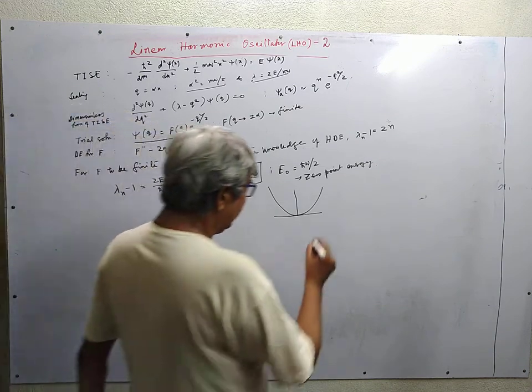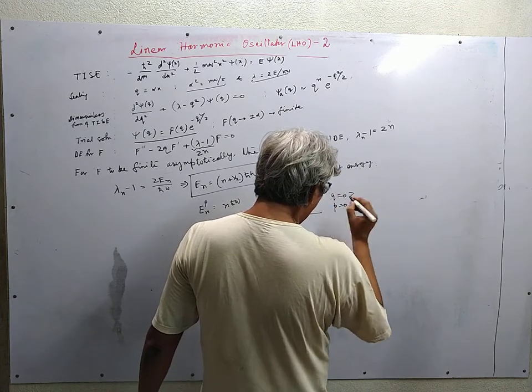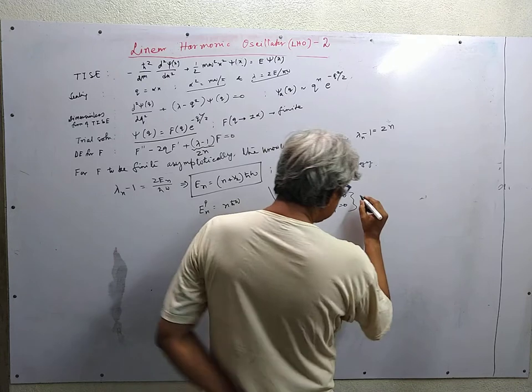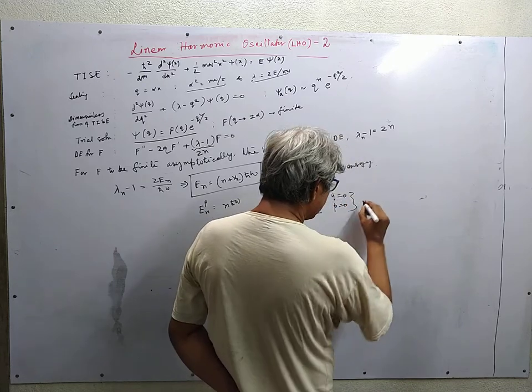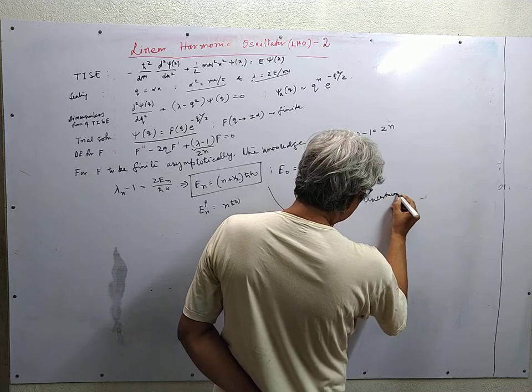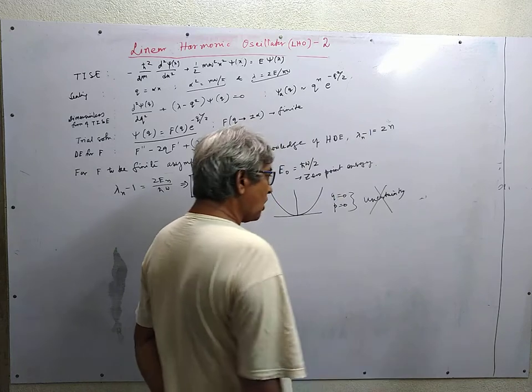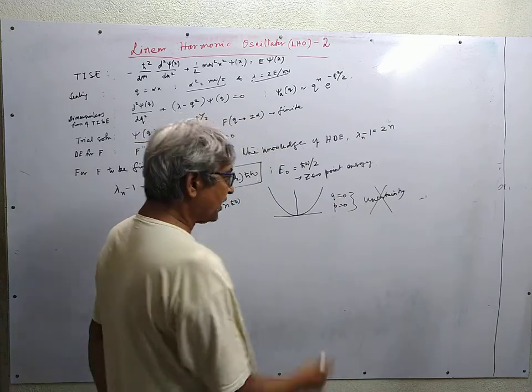We define q to be 0, position and momentum to be 0. Here both, this is in contrary with the uncertainty principle. Uncertainty principle is not being obeyed in this case.